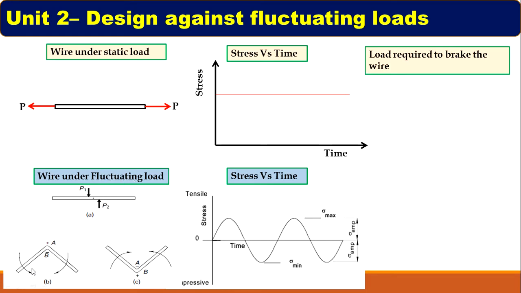If you consider one point A on the top surface of the wire, in this case it is subjected to tensile stress, and when the wire is unbent, that same point A is subjected to compressive stress.